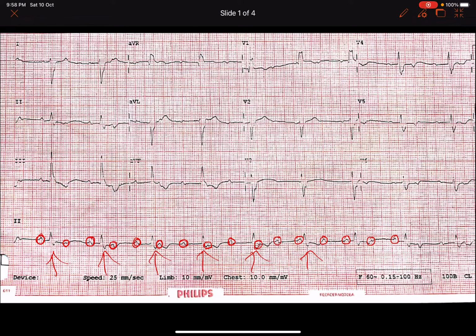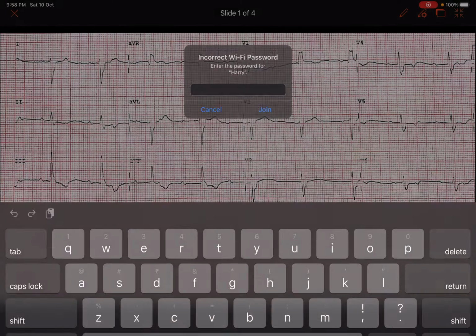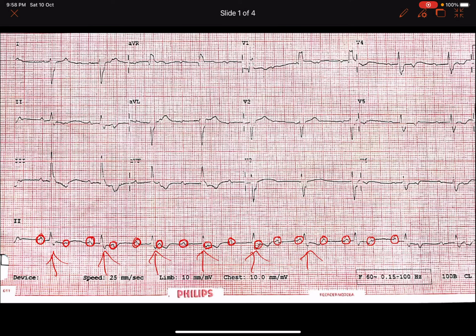So what is the P wave rate here? It's around 100, even more than 100. The QRS complex rate is around 300 by 1, 2, 3, 4, 5, around 45 to 60. So the P wave rate is around 120 and the QRS rate is much slower.